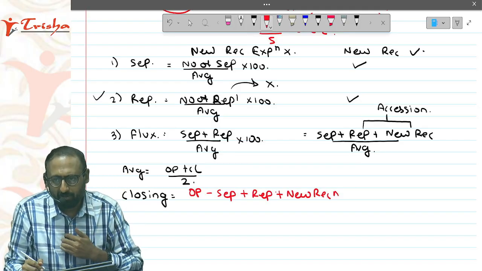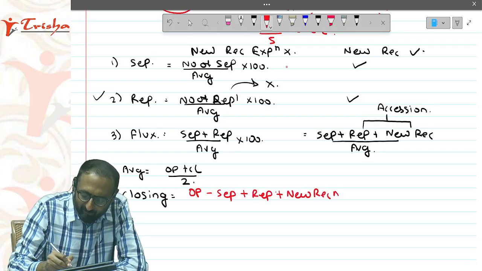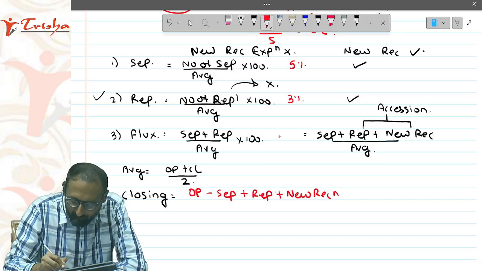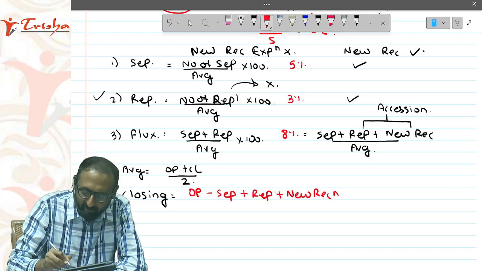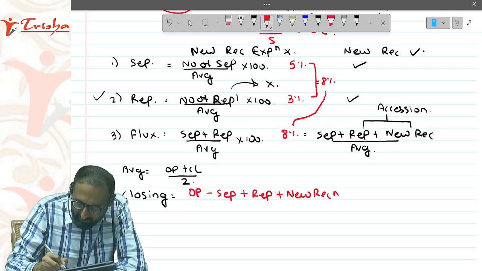Most important point, boys and girls, everyone please concentrate. Suppose in a question separation is given as 5%, replacement as 3%, and flux as 8%. Remember one thing, 5% plus 3% is equal to 8%, which is equal to the flux percentage of 8.